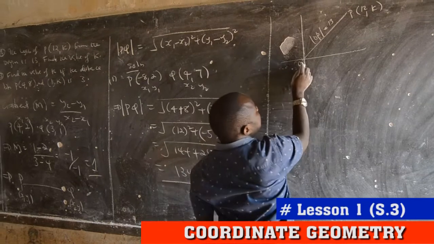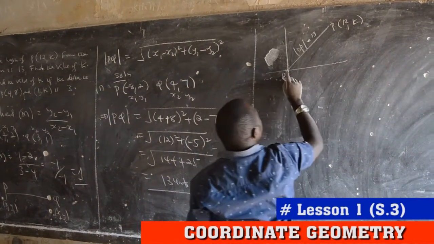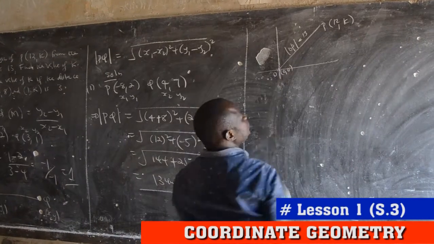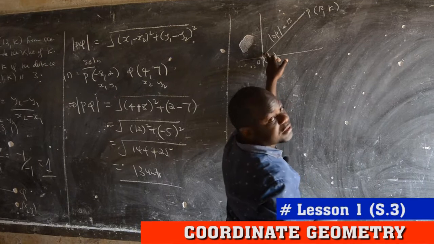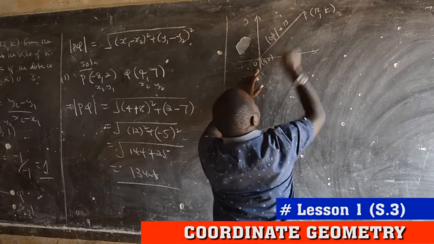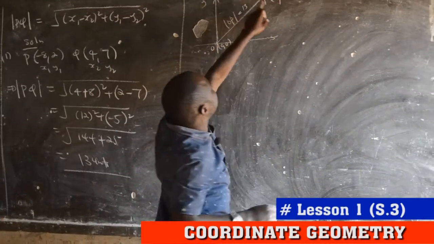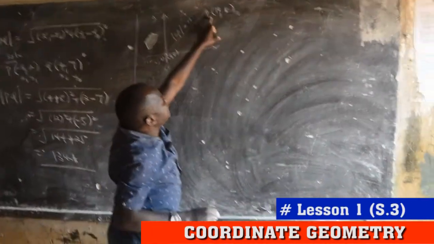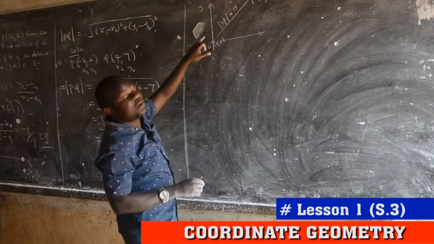It means the end points between P and O are 0, 0 and 12. That's what the length of P from the origin means. This distance OP is called the position vector. The position vector, or the position coordinate, is that coordinate that describes that point from the origin.